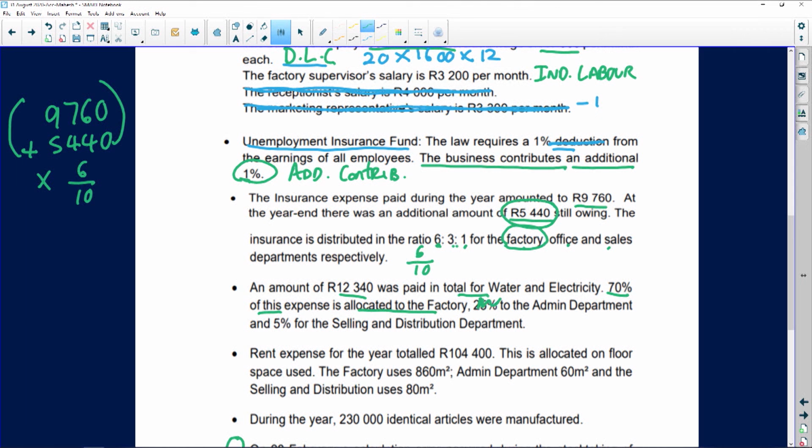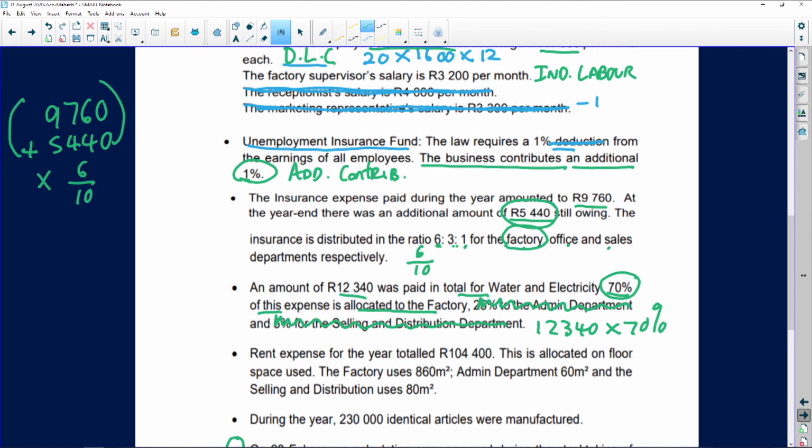I'm not worried about the admin department. I am not worried about the sales and distribution department. Okay, so I'm only interested in the expense for the factory. So remember, all I'm doing is 12,340 times 70%. There's no year-end adjustment for me to consider.